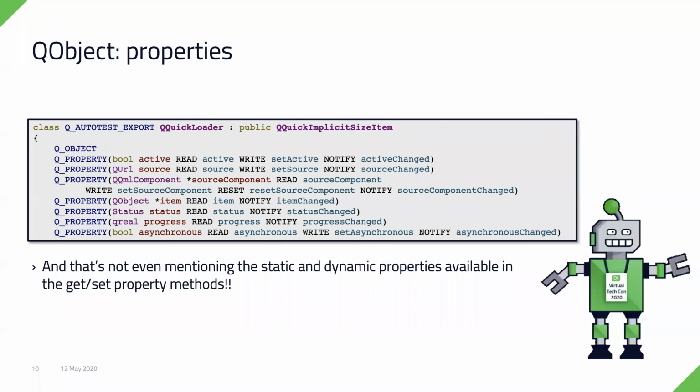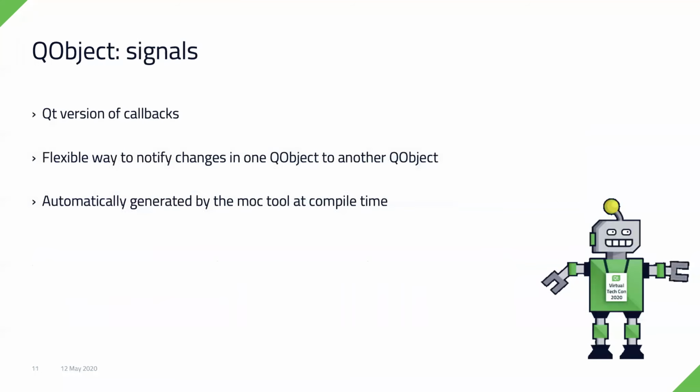First, we're going to talk about signals. A signal from a QObject is the Qt version of callbacks. A signal is emitted when something from one class needs to tell another class. It's a flexible way to notify of changes or events or anything that's happening in one object to another QObject.